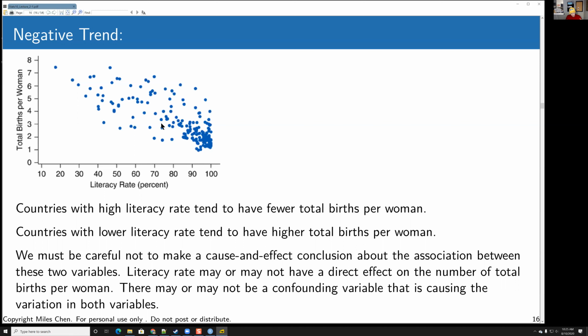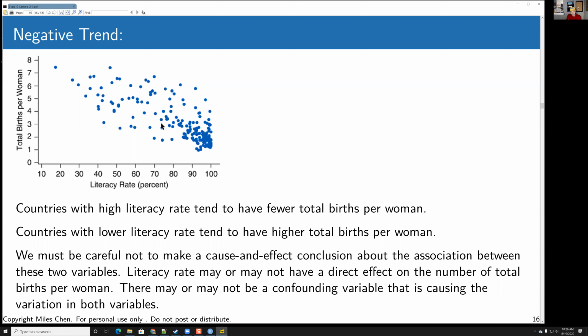There are different confounding variables that could be at play here. Historically, families would often choose to have many children when there was high infant mortality. If children did not have a high survival rate, a lot of children died before the age of 5.